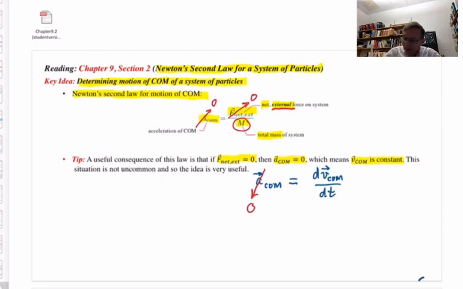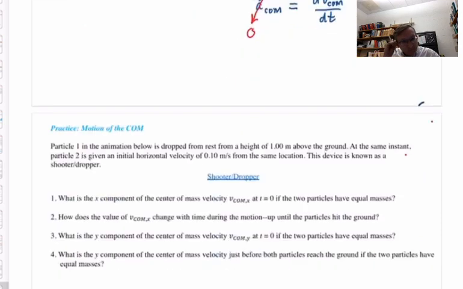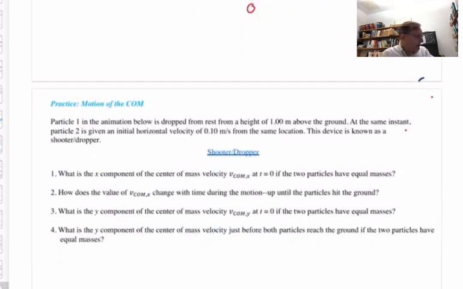So let's go right to some practice with motion of the center of mass and some simple calculations that I want us to do together. Now, before I do that, let me motivate a little bit more with a couple of videos how understanding the motion, or lack thereof, of the center of mass can be helpful.